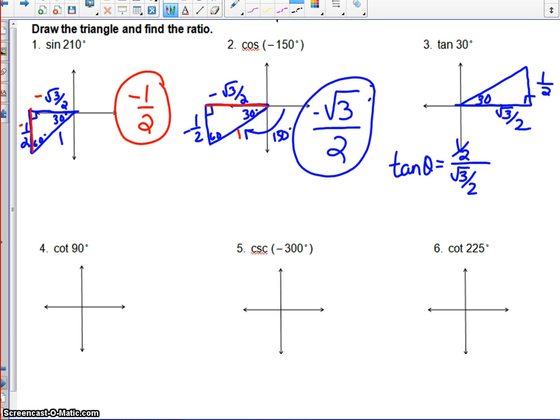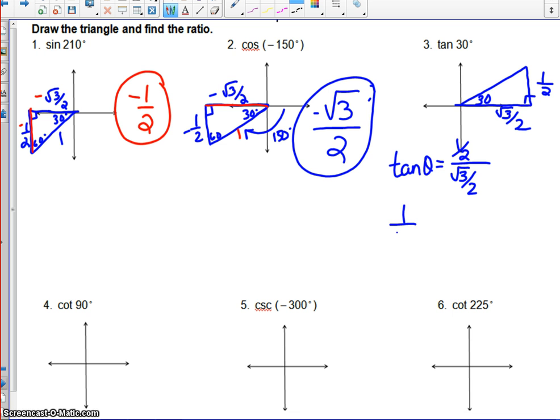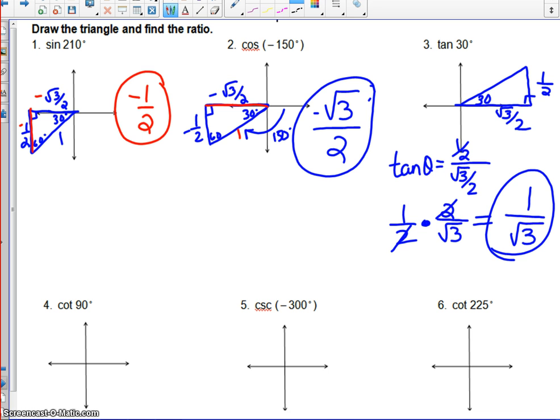What I need to do here is take that 1/2 and multiply it by the flip of my denominator, 2 over square root of 3, after I flip it or take the reciprocal. My answer is 1 over square root of 3. And that's where I'm going to just circle and move on. That's going to be my answer.